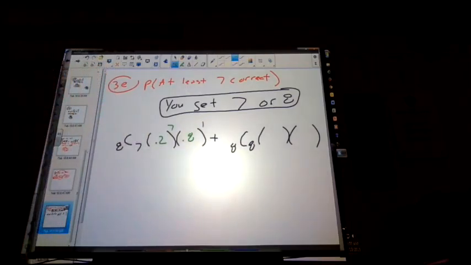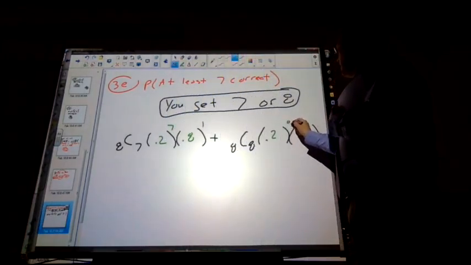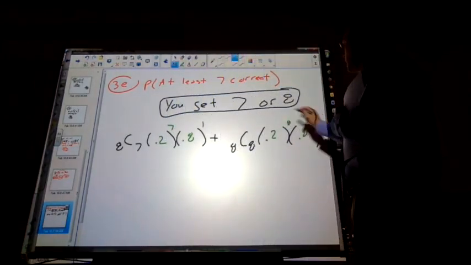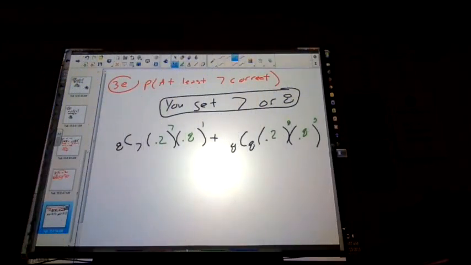Did I do that right? And this is 0.2 raised to the 8th, 0.8 raised to the 0, 8 choose 7. Well, there's only 8 questions. What's 8 choose 7? Please tell me.